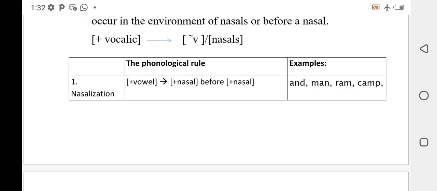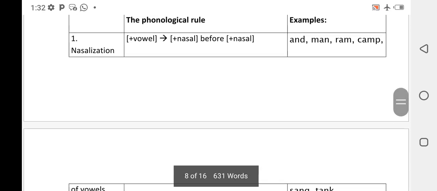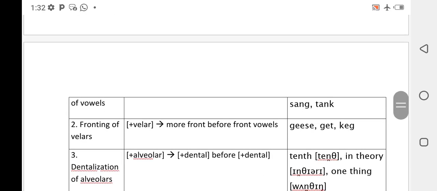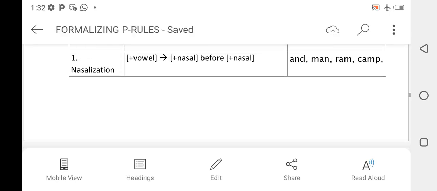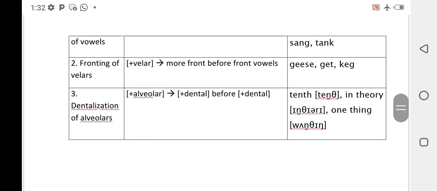For example, in man, A becomes nasalized. Ram, A becomes nasalized. Can, A becomes nasalized. Sang, A becomes nasalized. Thank, A becomes nasalized. That is the nasalization of vowels.